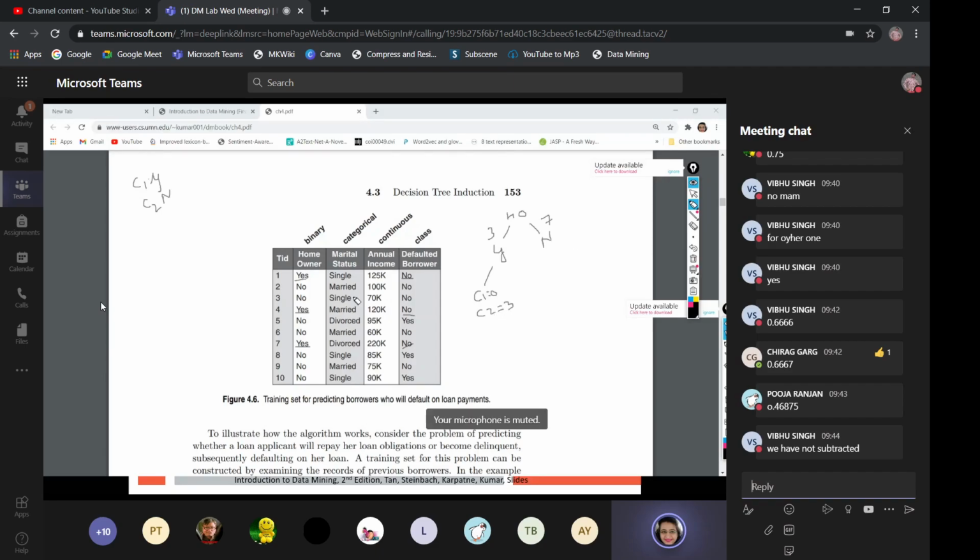And if I have no, then how many C1s are there? 1, 2, 3, 4 no's. So there must be 3 yes, I guess. 1 yes, 2 yes, and 3 yes. Now compute the Gini index for this. Now try to compute the Gini index.